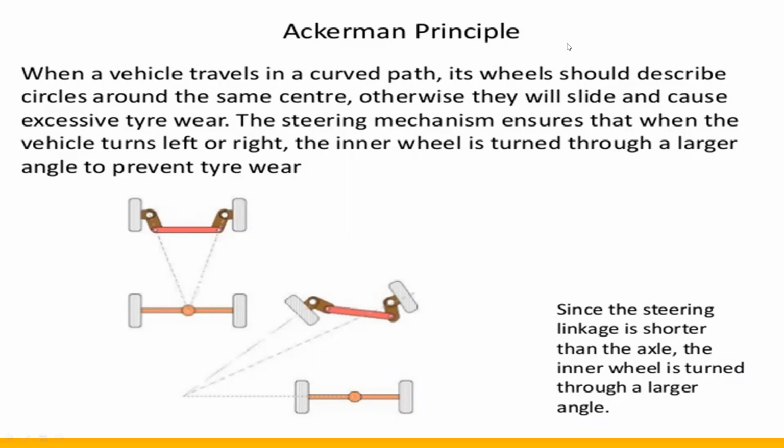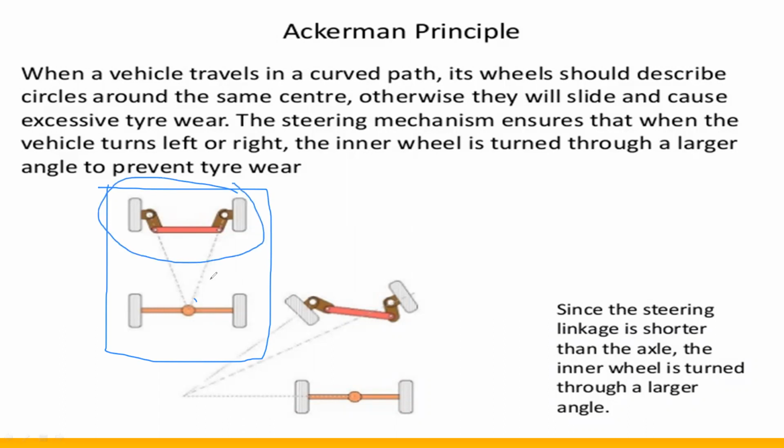You can observe this diagram. Here is the front axle and here is the rear axle. In between the front axle and rear axle, the steering should be placed in a center position.